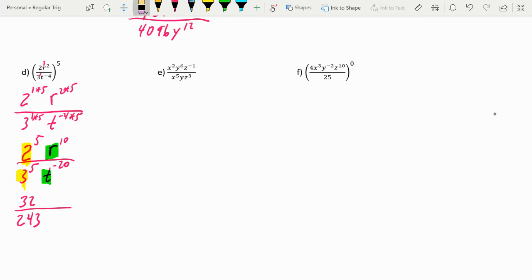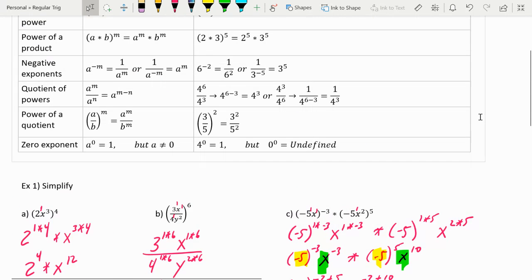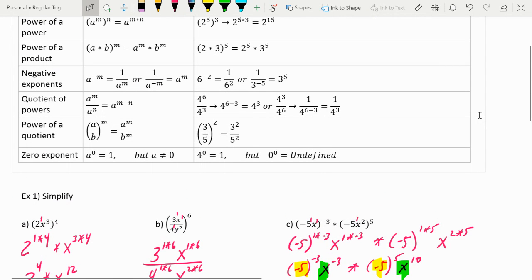But when I look at this, r to the 10th is positive, so it's going to stay up on top. Well, this t has a negative exponent. And remember what happens when we have negative exponents.